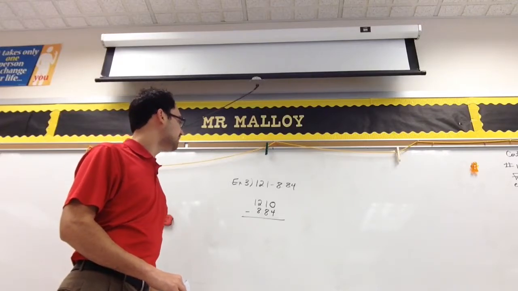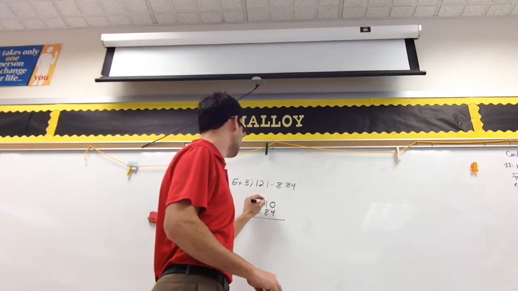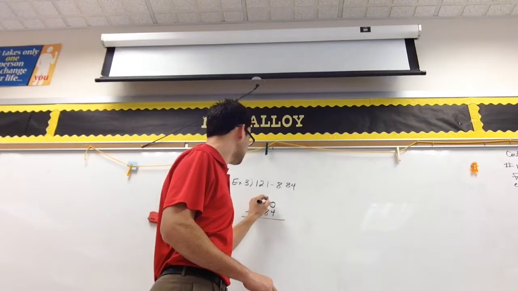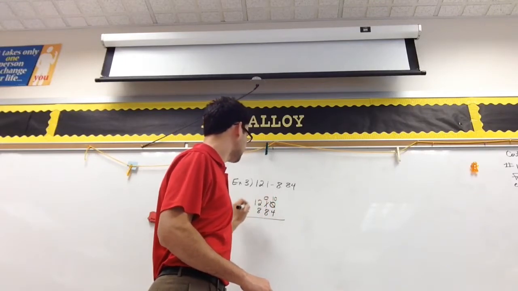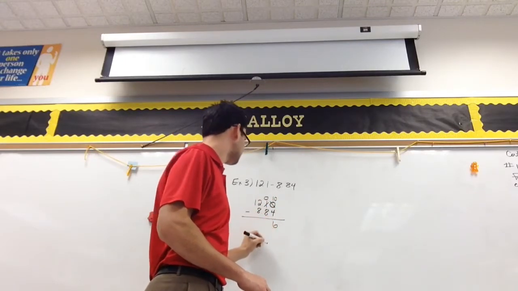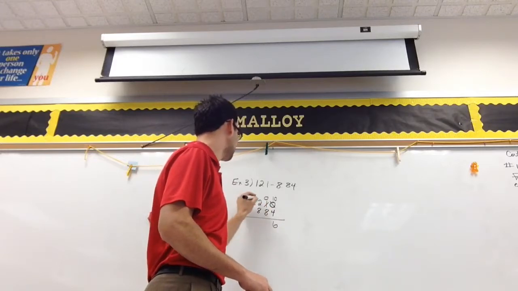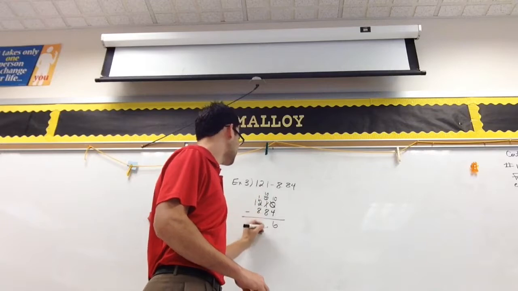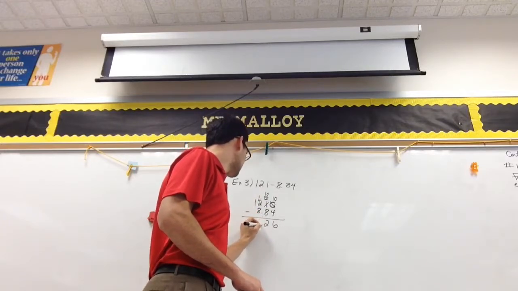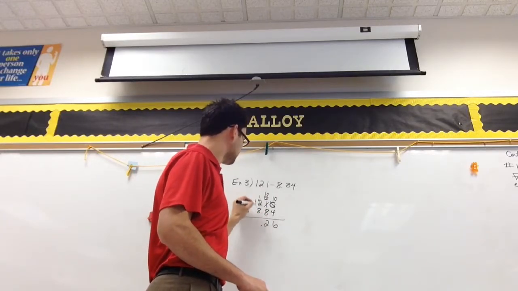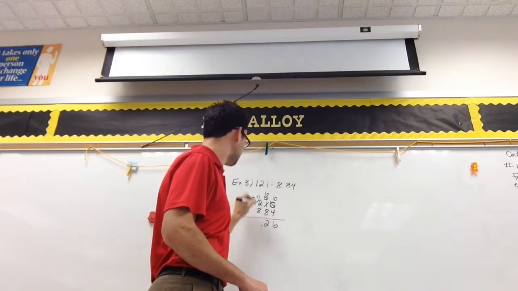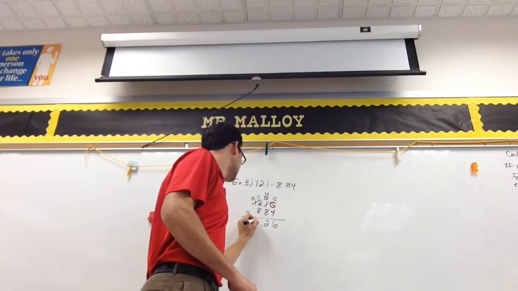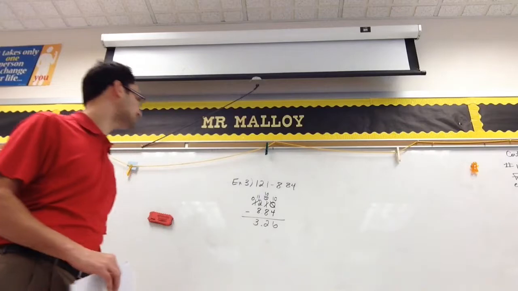Okay? Now I'd have to regroup, so this would become a 0, this would become a 10, 10 minus 4 is 6, 0 minus 8, well I have to borrow, this would become a 1, that would become a 10, 10 minus 8 is 2, decimal point, to borrow again, this would become 11, 11 minus 8 is 3.